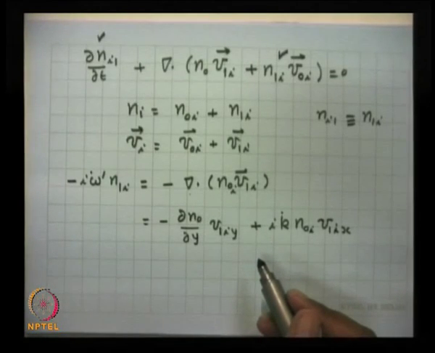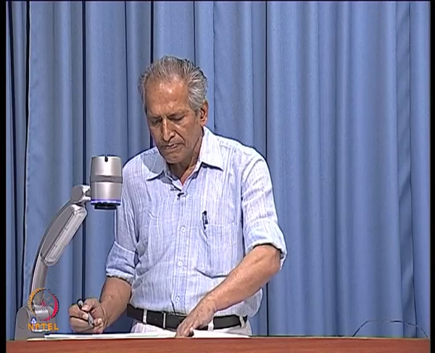I will substitute the values of V1Iy and V1Ix, etc., and the result that I will write is very similar to the electron result with omega replaced by omega prime.